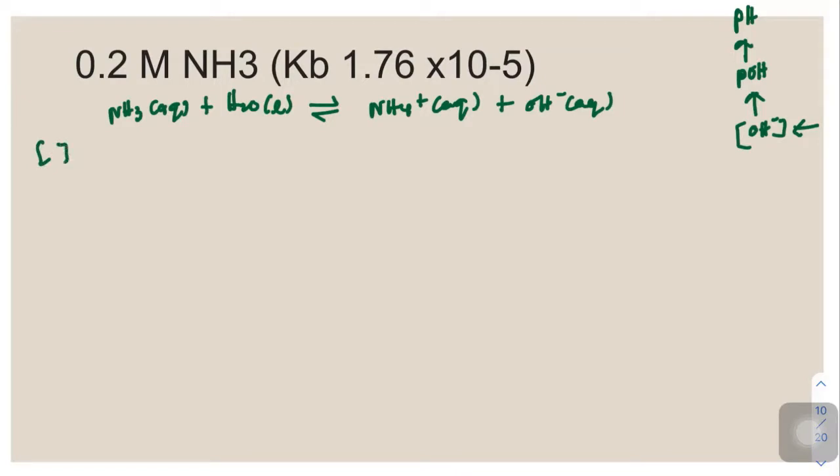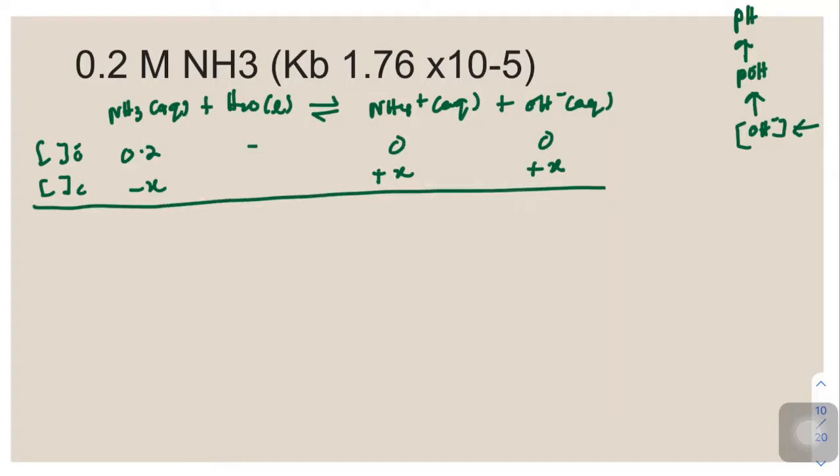So initial concentration for the ammonia is 0.2 molar, dash for H2O, 0 for ammonium, 0 for hydroxide. Concentration change is minus X, plus X, plus X for hydroxide, so that the concentration at equilibrium is 0.2 minus X, X and X.